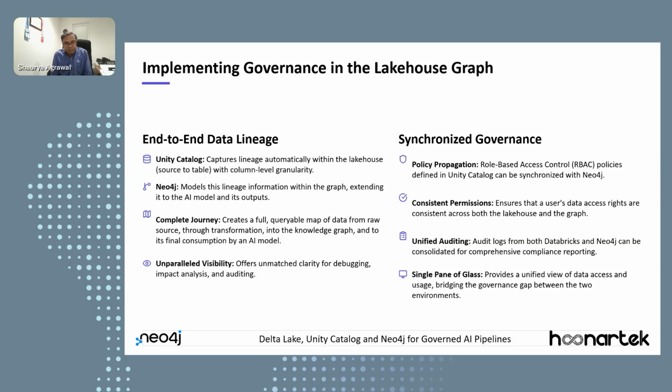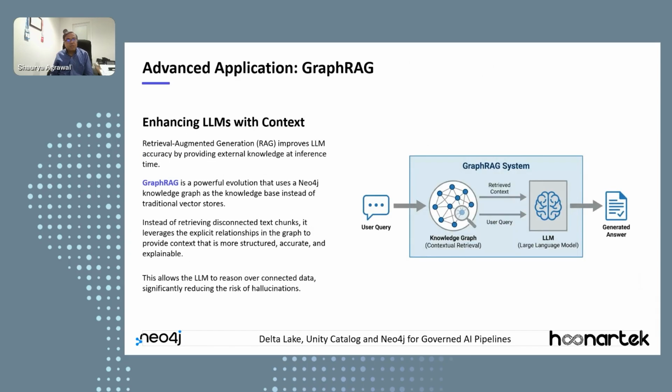It needs to be synchronized throughout the landscape. And we believe that this new connector is achieving close to nirvana as far as the governance is concerned. As this connector matures, this will provide full end-to-end data lineage and complete synchronized governance across the landscape.